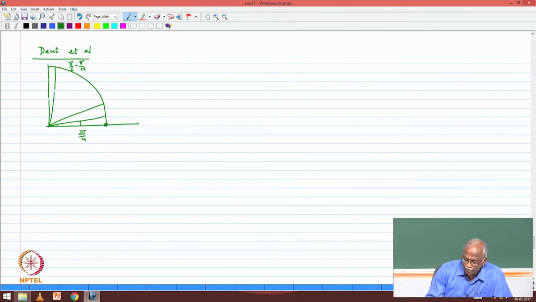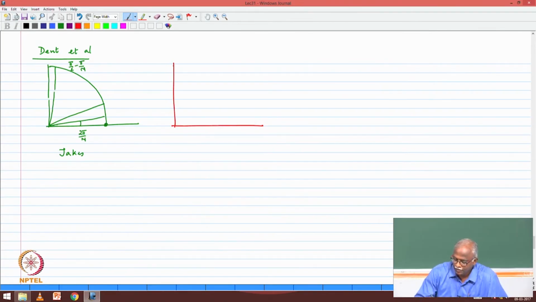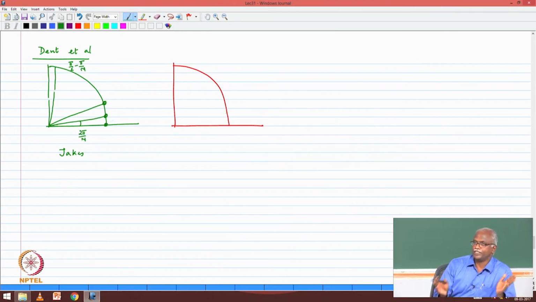Now, this is Jake's. Dent et al. did a slightly different approximation. The frequencies that were chosen were starting from the Fd itself. What they said was, anyway you're trying to do an approximation to the integral, so it does not make a difference if the first oscillator is not at Fd but slightly offset, and the last one is also offset.